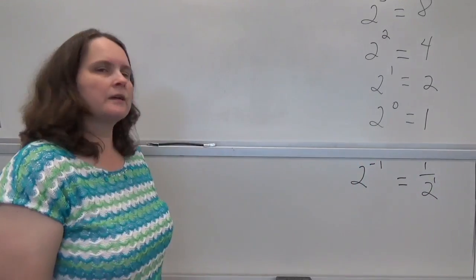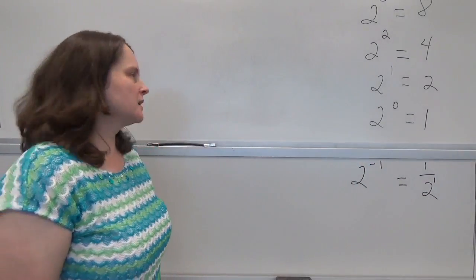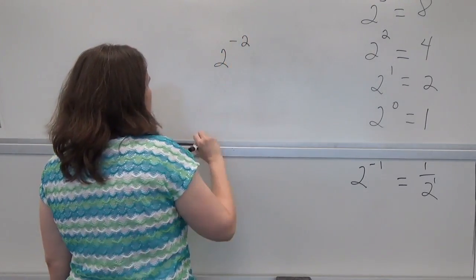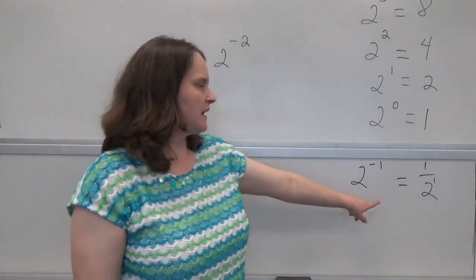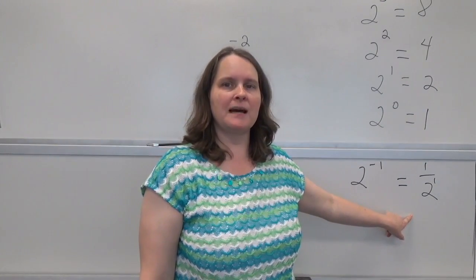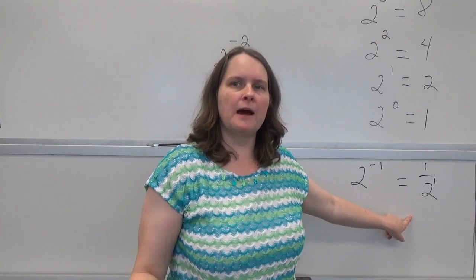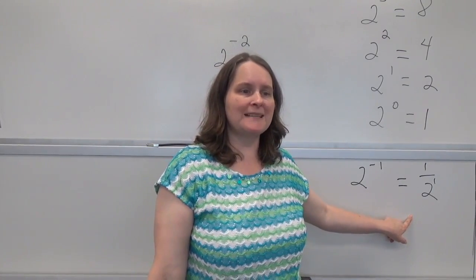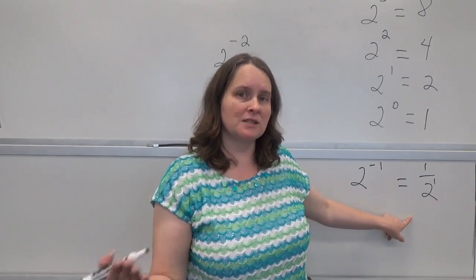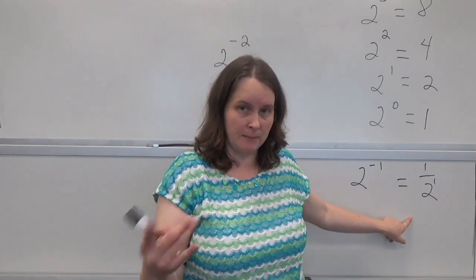If I want to find 2 to the negative second, that means I need to divide my previous result by 2. I want to do 1/2 divided by 2. What does it mean to divide by 2? We know from basic arithmetic, if you're dividing fractions, that means you're going to multiply by the reciprocal of the second fraction. You're going to flip it.